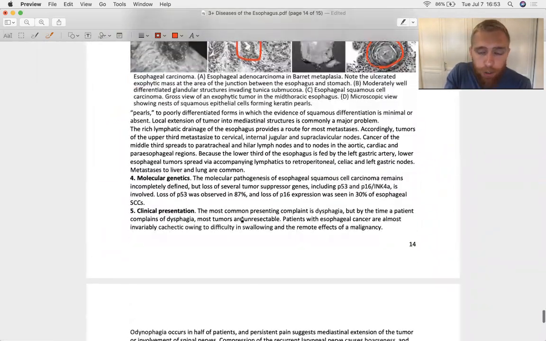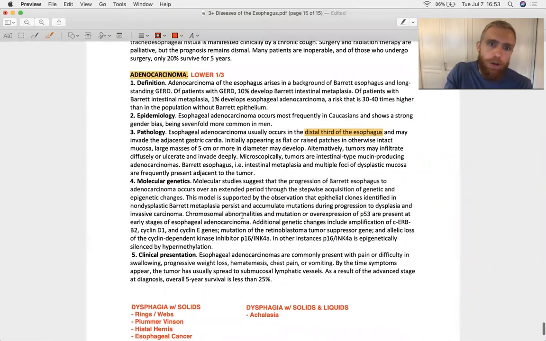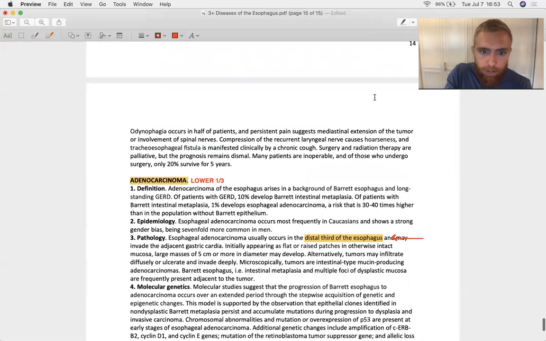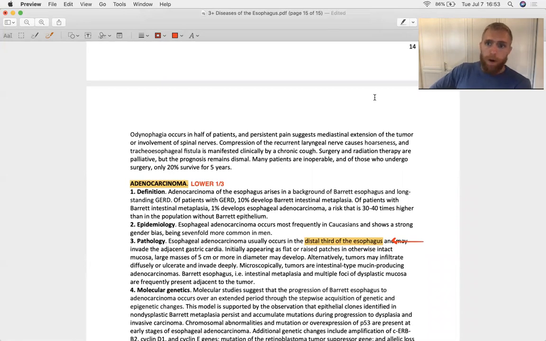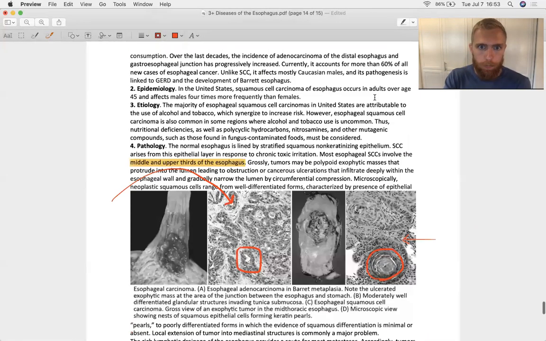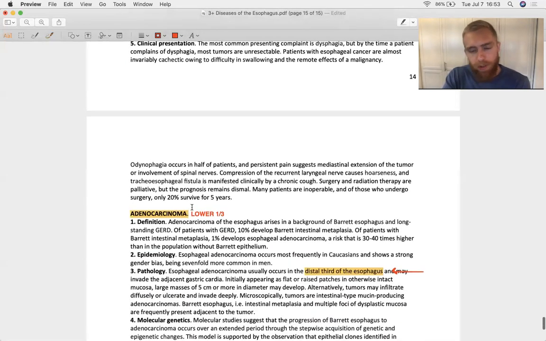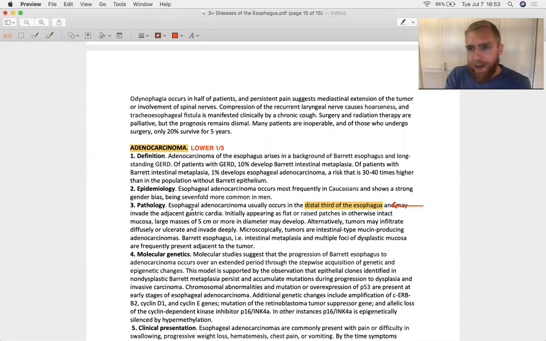Well, you won't even have to look at the histology sometimes, because adenocarcinoma occurs in the distal 1/3 of the esophagus, right? Distal meaning close to the diaphragm, close to the stomach. Squamous cell carcinoma, most esophageal squamous cell carcinomas involve the middle and upper thirds of the esophagus. So that's the differential on an in-house test question.